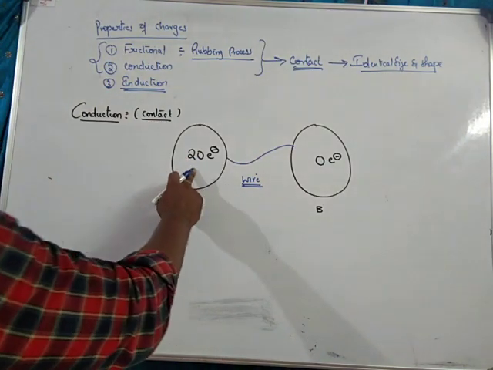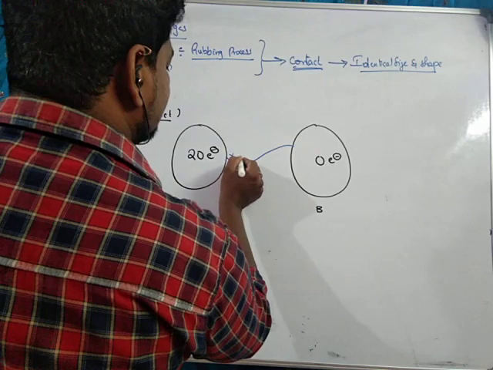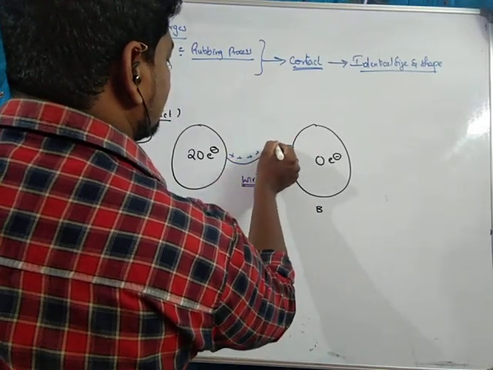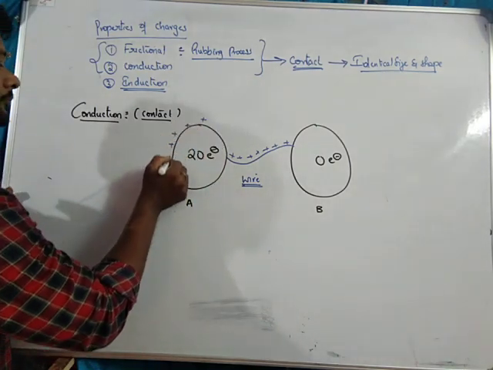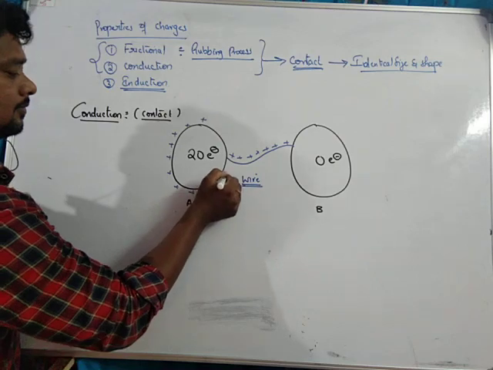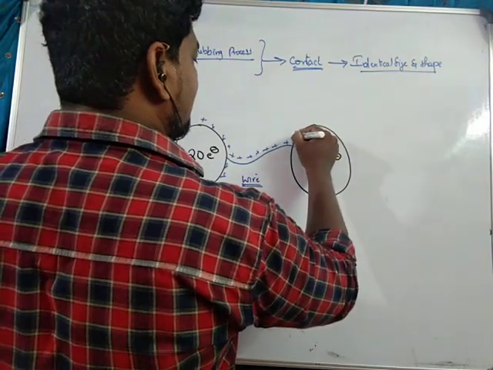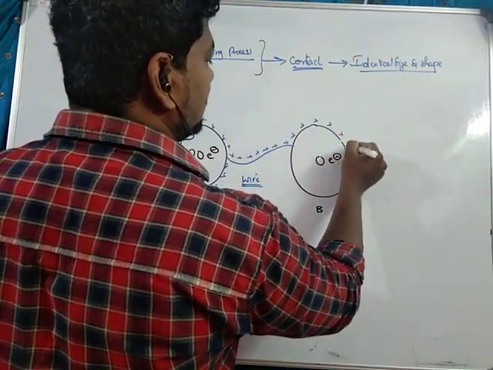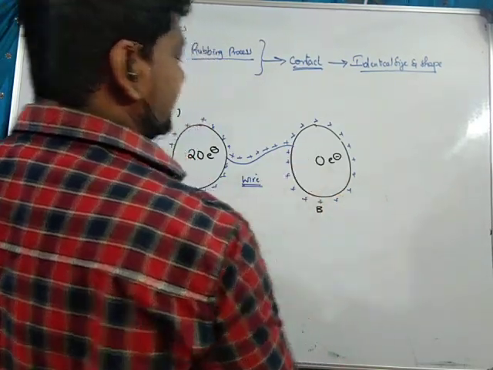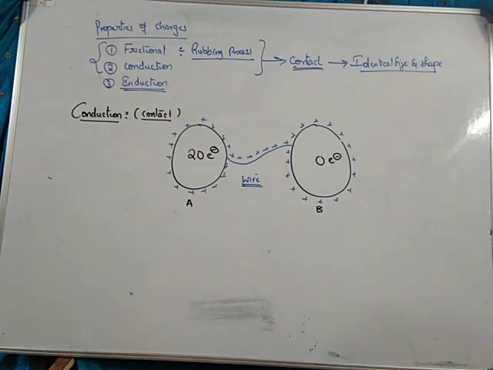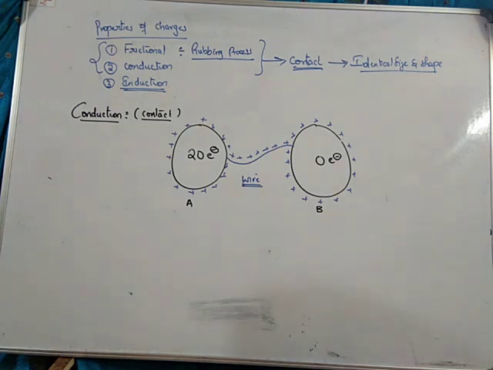Whatever the strength, A has more when compared to B. So there is a transformation of electrons from A to B. Whatever electrons we have will be transferred from A to B through a wire.